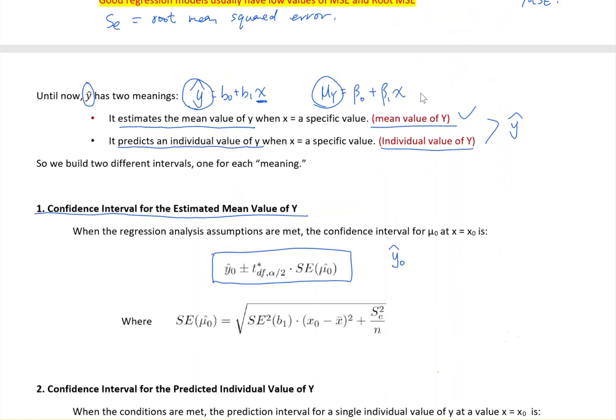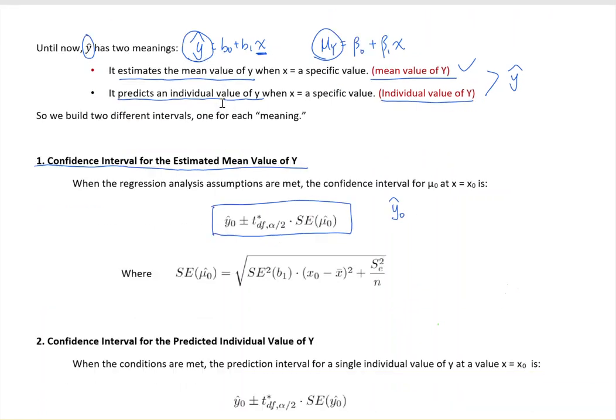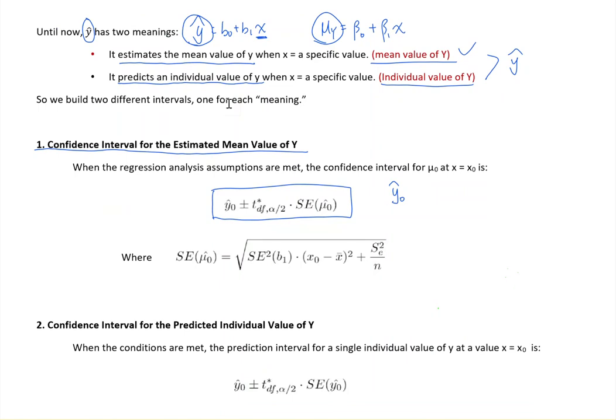Remember, when we talk about Y hat, we always need to be given an x value so that we can calculate Y hat. So here we have a specific value x0. Then the corresponding value of Y hat will be called y0 hat.